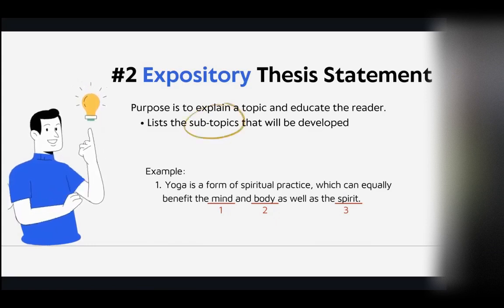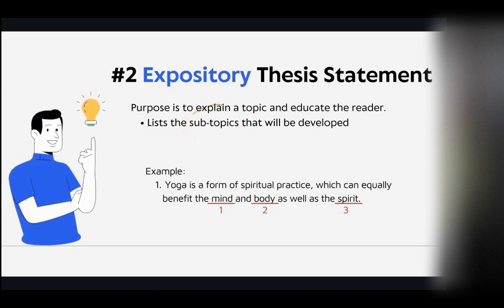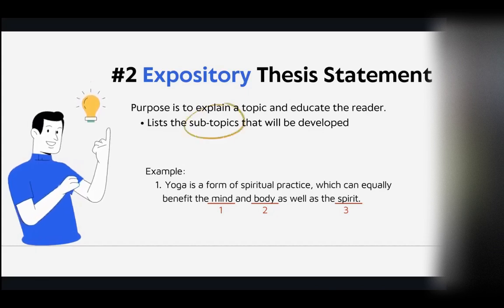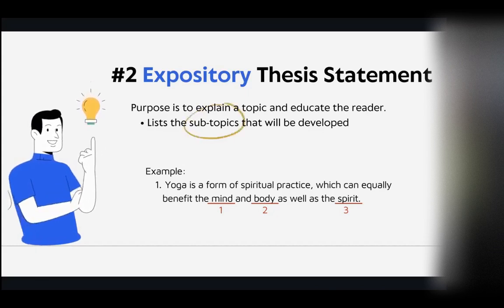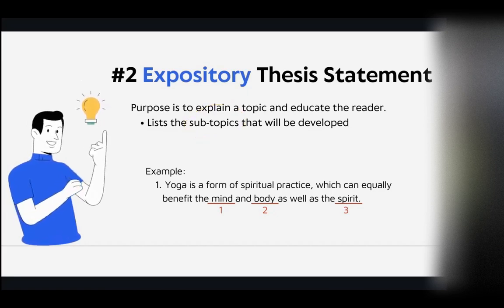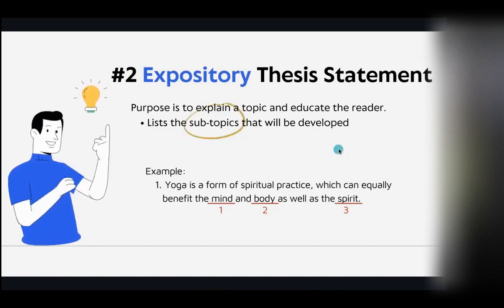And of course, you are recommended to follow the A is B because of C. And as you can see in the example here: yoga is a form of spiritual practice, which can equally benefit the mind and body as well as the spirit.